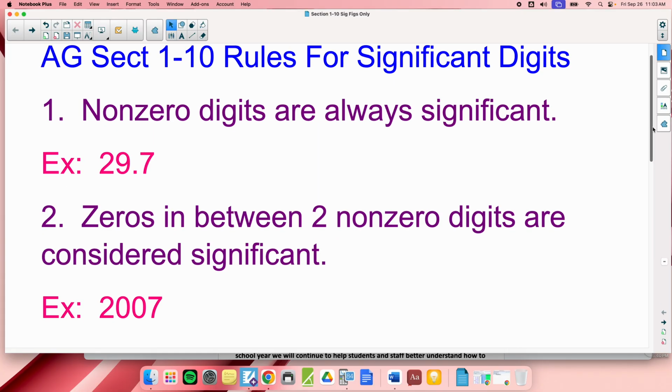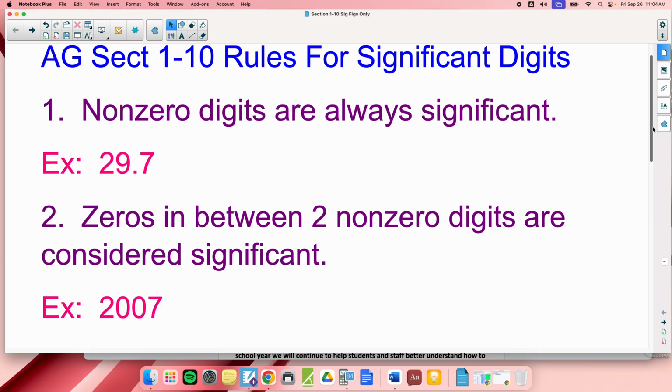So significant digits in a measurement are the digits that are precise. How confident are we that every one of those digits is precise for that measurement? And so what we're going to do is talk about rules for that.